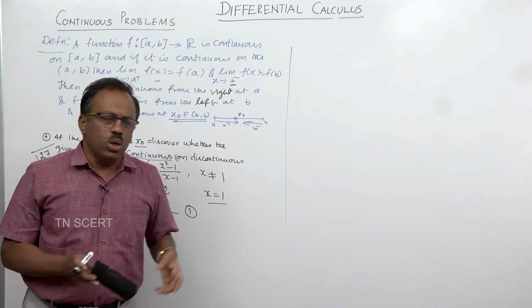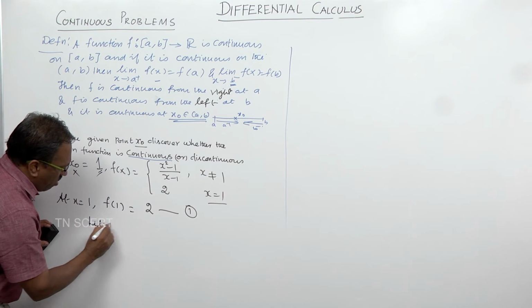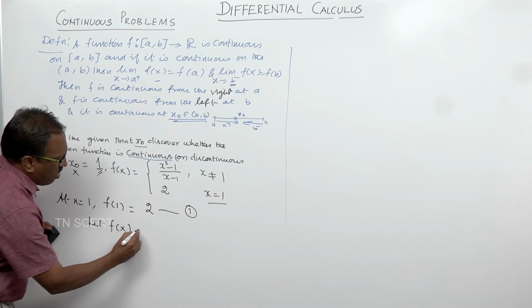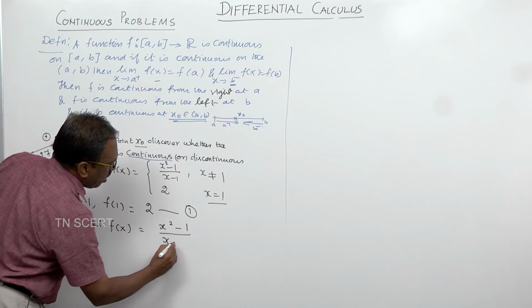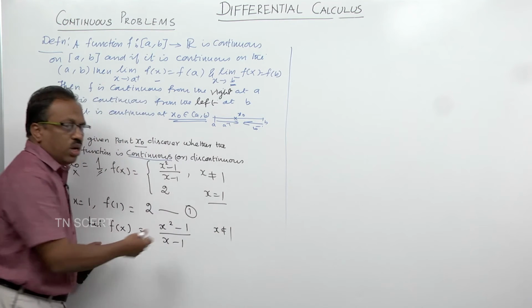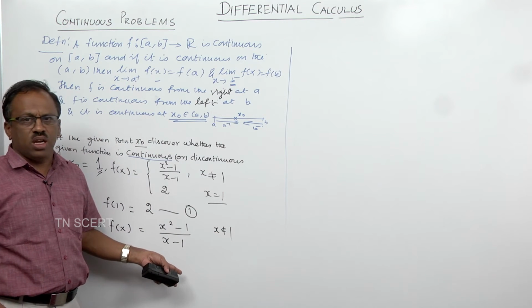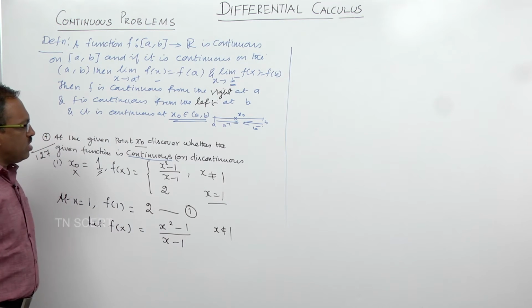So, now let us think over. Take the function, given that f of x is equal to x square minus 1 by x minus 1, when x is not equal to 1. Now, the limiting point we have to consider.